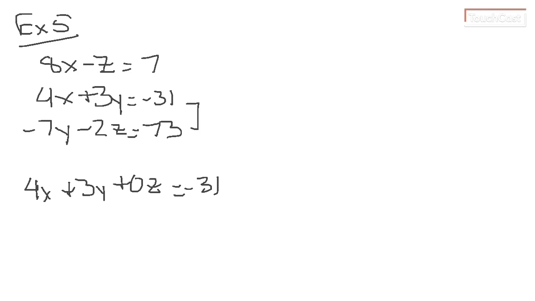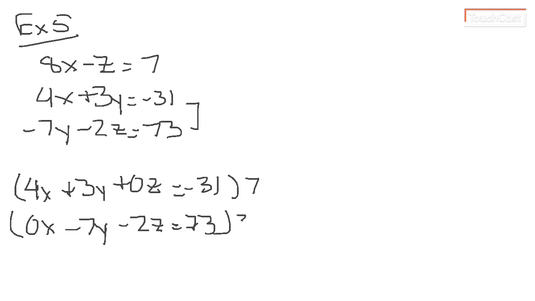Now with the second equation, I'm going to have 0x minus 7y minus 2z equals 73. I'm going to eliminate my y terms. So I'm going to multiply this entire first equation by 7 and the bottom one by 3.